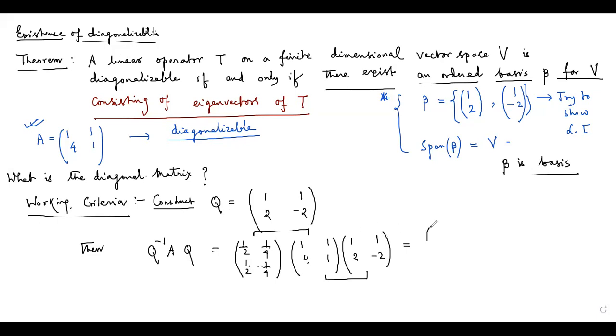Tell me quickly what matrix you are getting. Do the calculation. I can do it by using software, but I don't want to use it anymore. So just tell me what matrix you are getting.